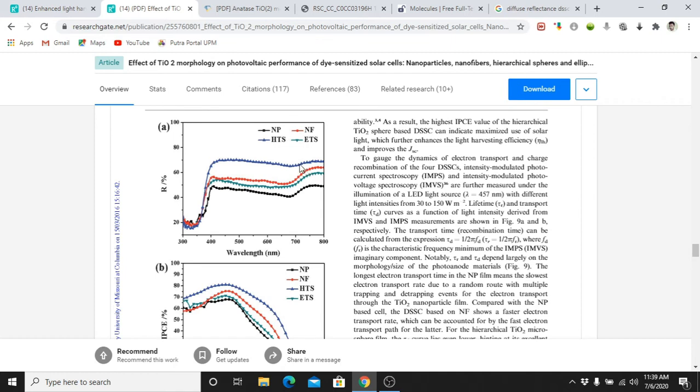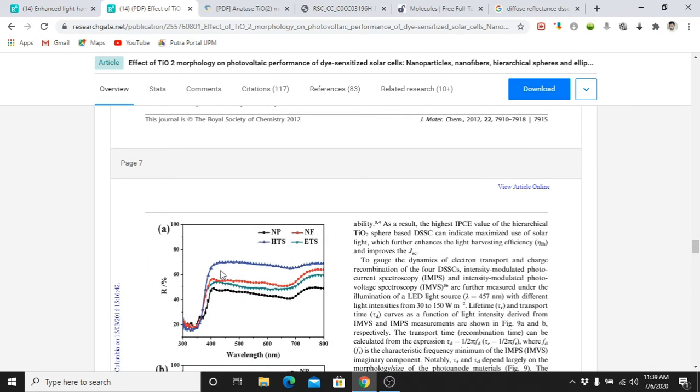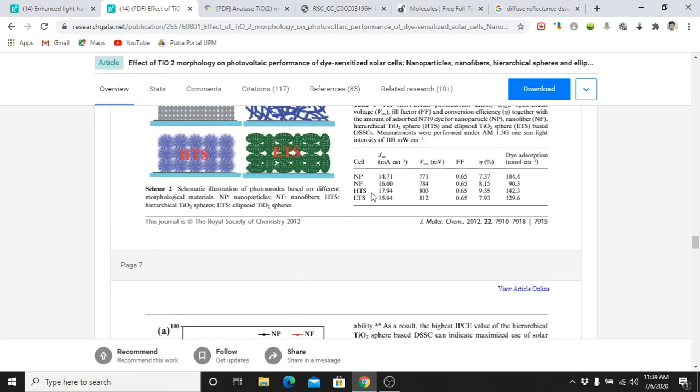So we want to compare whether the result tallies with the power conversion efficiency. This is the power conversion efficiency. The highest diffuse reflectance is the HTS, and the highest PCE is also the HTS, the same one. When we talk about power conversion efficiency, we can get higher power conversion efficiency if we can trap more sunlight.